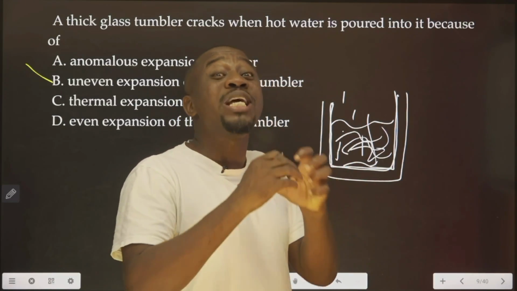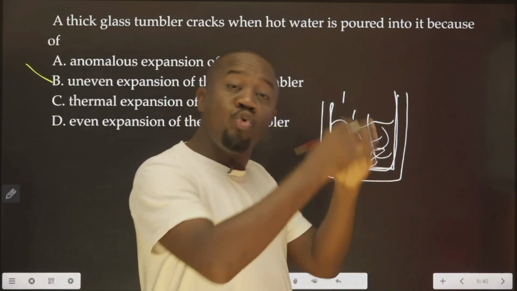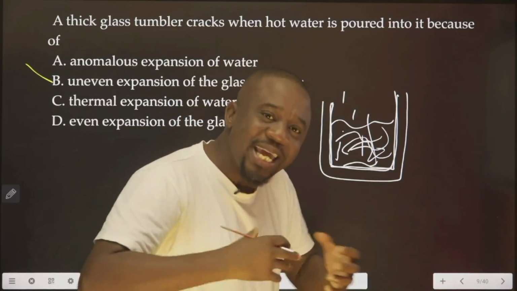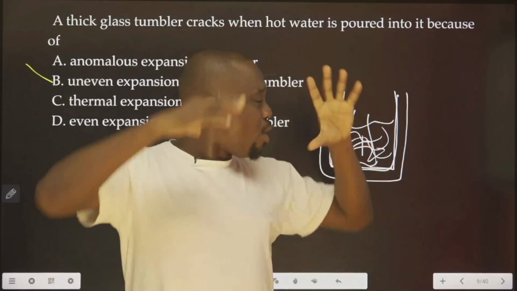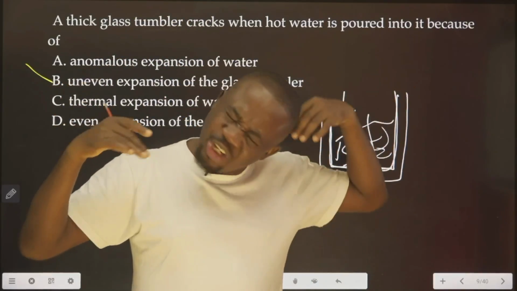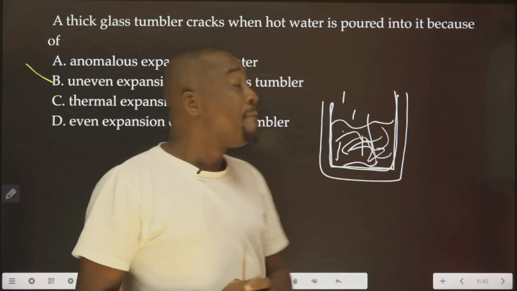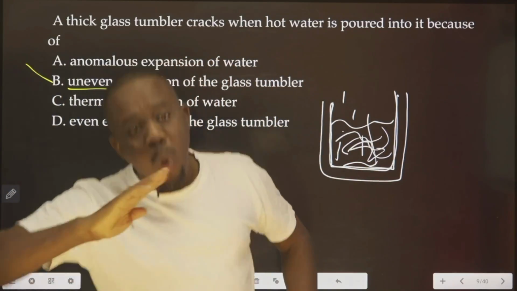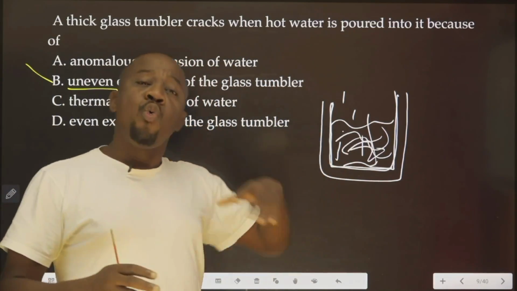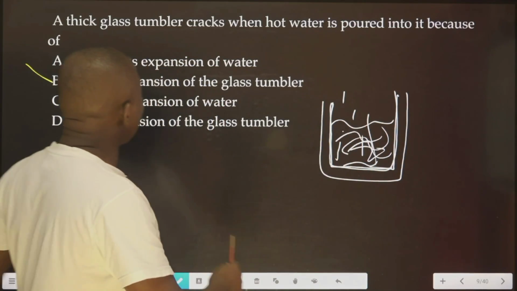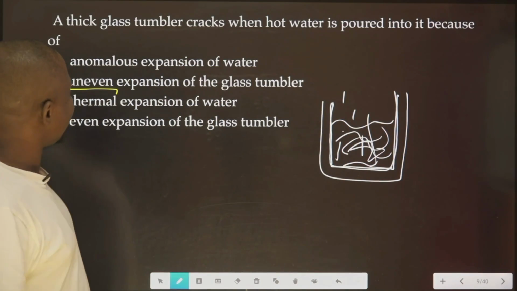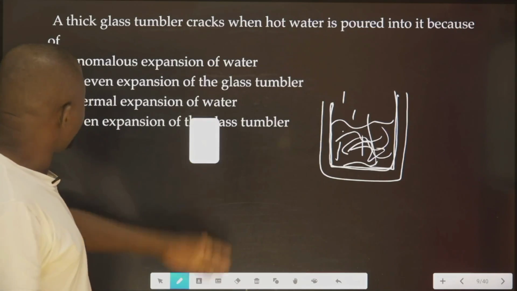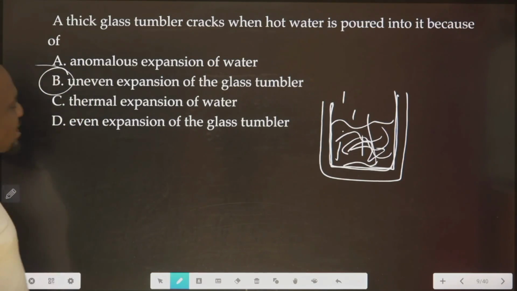It means there's an uneven expansion because one is acquiring heat, that's making it expand. The other on the outside is just as if he doesn't know what is going on. Because of that unevenness, one is expanding, one is not expanding, or one is expanding more than the other, it will create a crack and break the tumbler. So this is the answer.